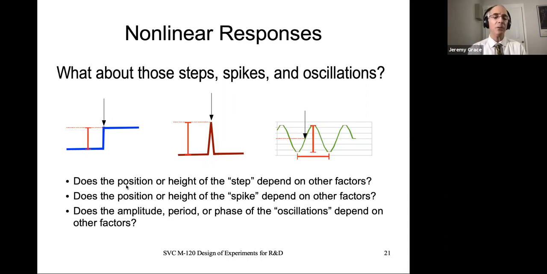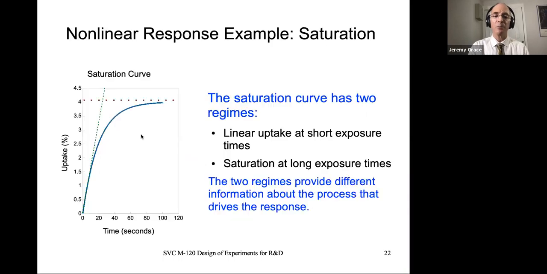Does the amplitude, period, or phase of the oscillations depend on other factors? And when we ask those questions, we've already said that the factor that produces that nonlinear response is not going to be treated as a factor. It's going to be a second dimension in the response. You now have a two-dimensional response. It's this plot of this initial response versus that factor. So that factor is now folded into a two-dimensional response. And we will come back to that point.